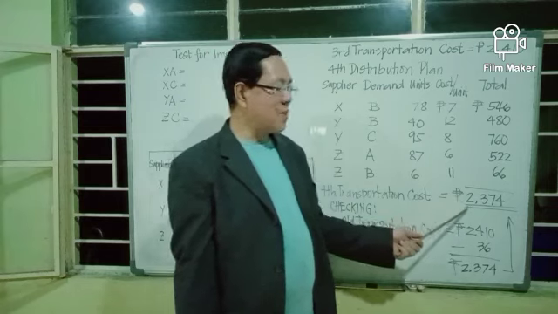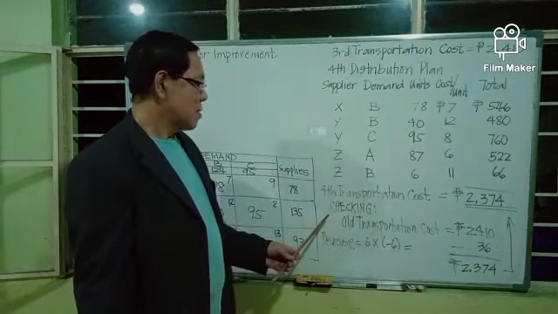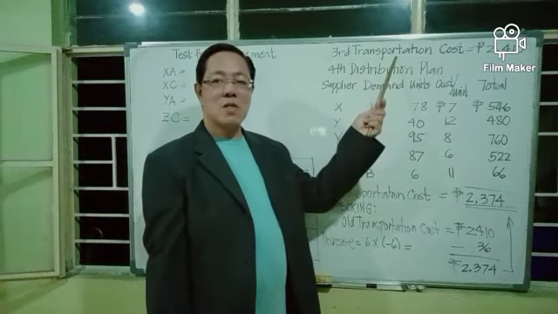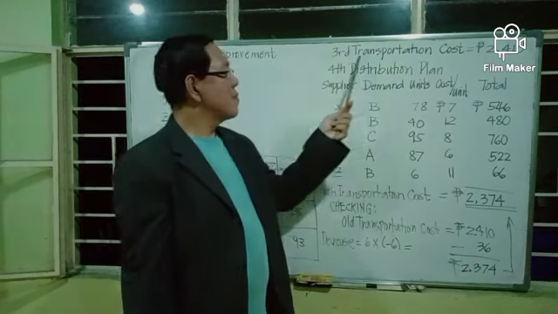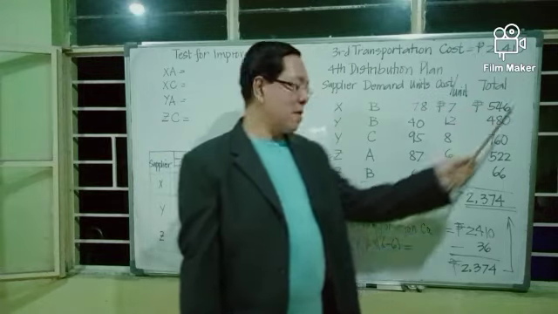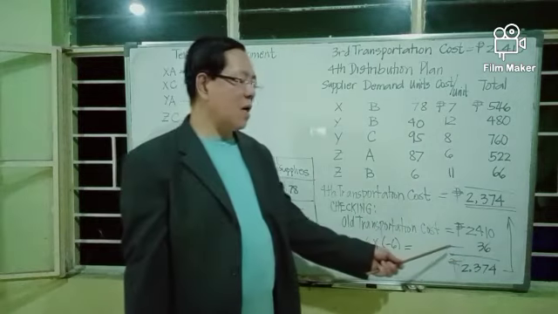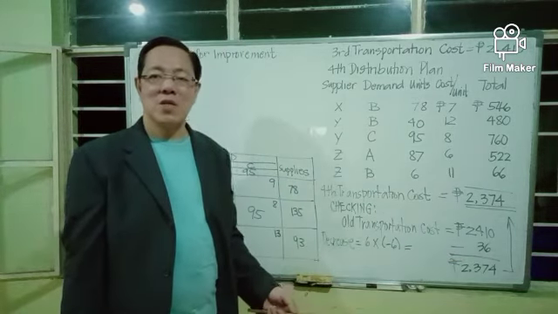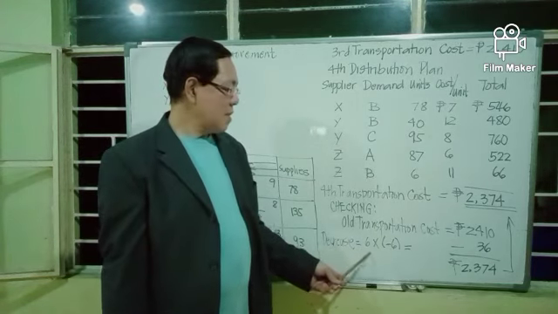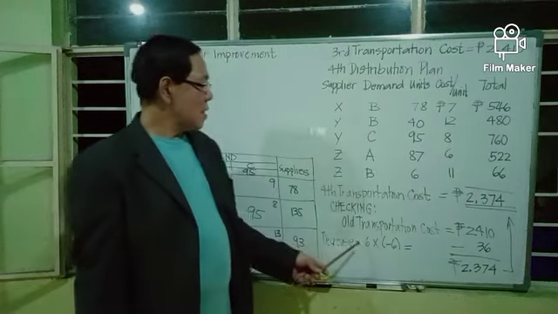Now we check if this 2,374 pesos is correct. The old transportation cost from the third transportation plan is 2,410, from which we subtract the total decrease in transportation cost. The total decrease is the number of units transferred multiplied by the decrease in transportation cost per unit.